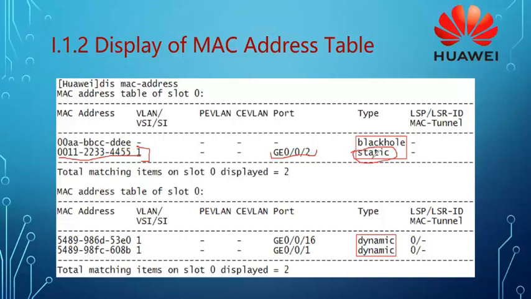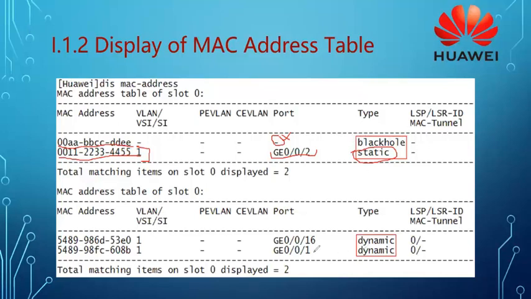So it is configured manually. Here we have another example. It is a MAC address, but it does not belong to any port. No port. And the type of this entry is black hole.